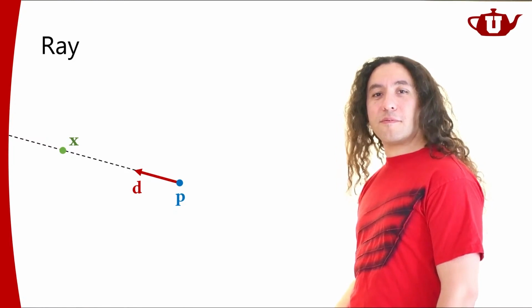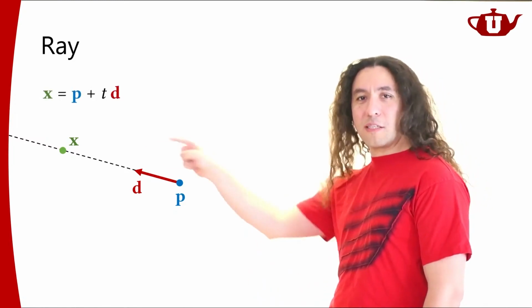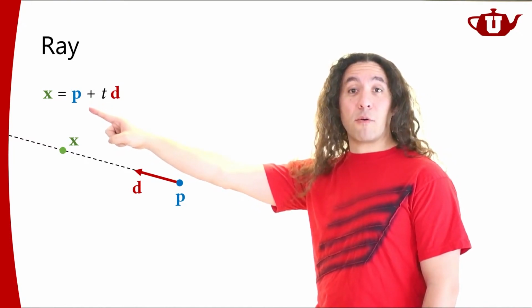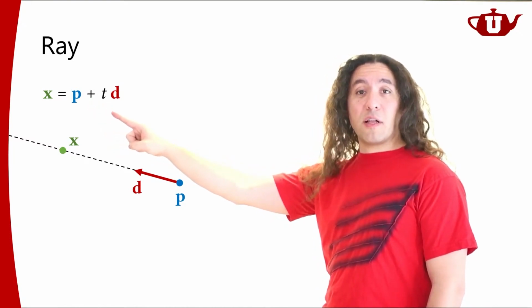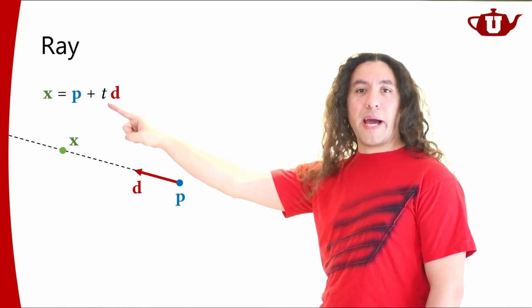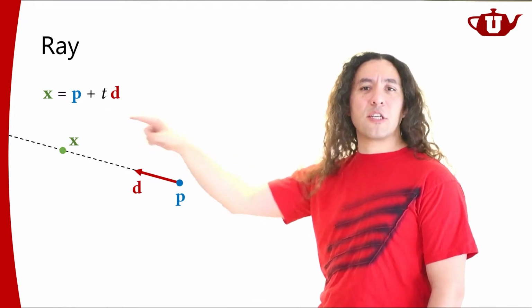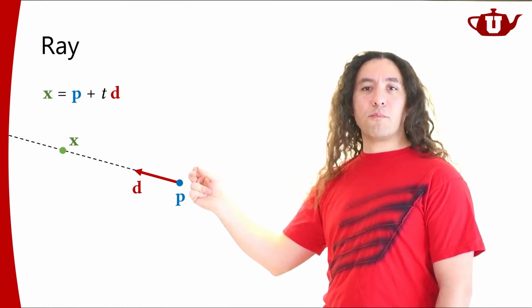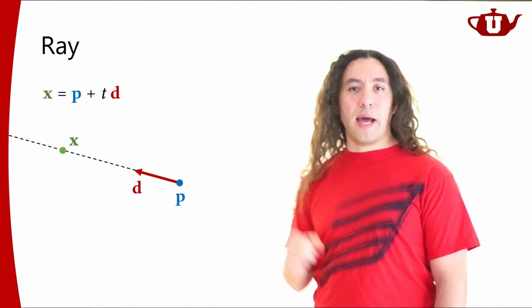So if I were to write this position X as a combination of these two, I'd say I start with this position P, that's the ray origin, and I travel along direction D by a magnitude of t. t is just some scalar value that tells me how far I need to go from P to reach X.